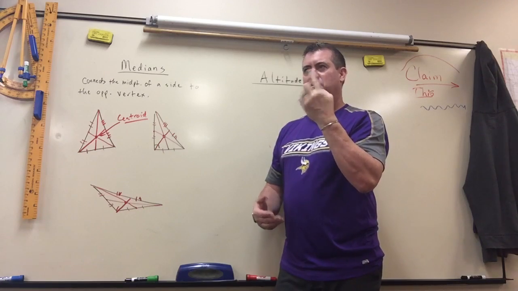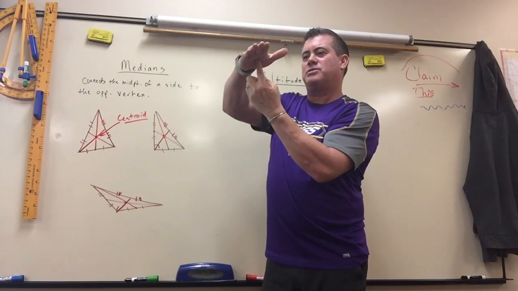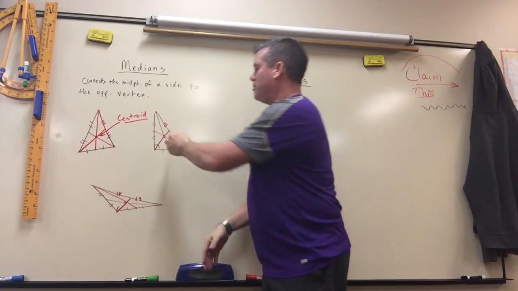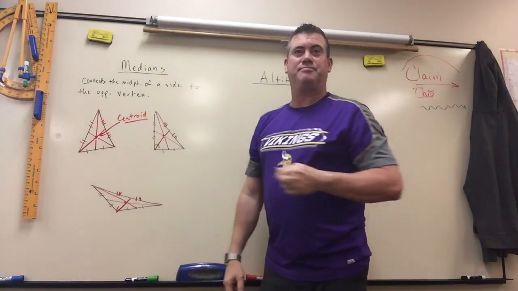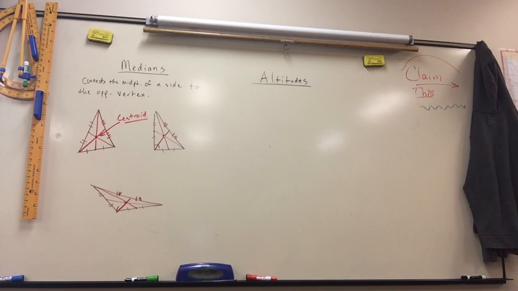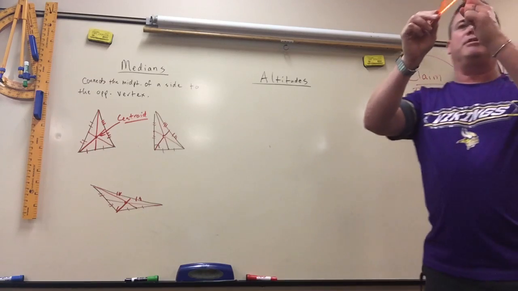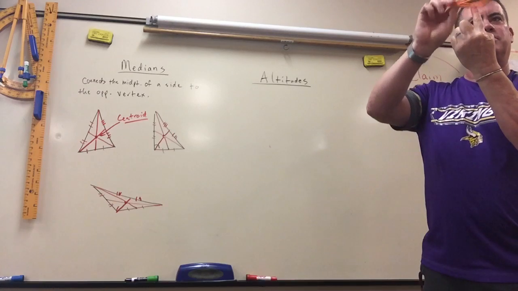If I cut this out and put it sideways and rest it on my finger, it would wobble, but if I put my finger on that point, it would be balanced.